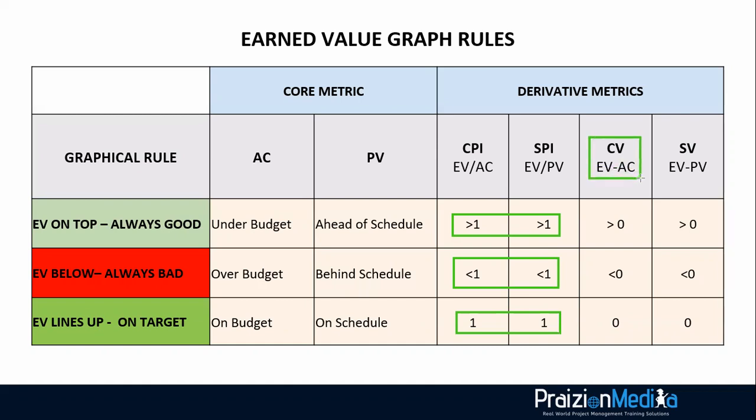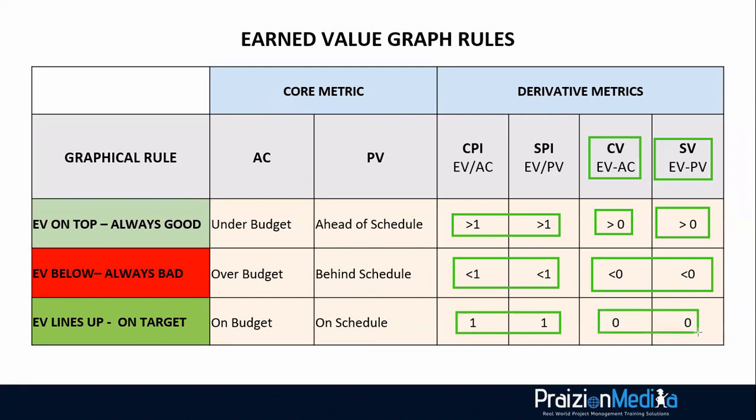Cost variance, same thing. This means greater than 0 if EV is on top, in both cases of CV and SV. EV below means that CV and SV are less than 0. In other words, negative, which is bad. And if you line up, it means CV and SV are 0.